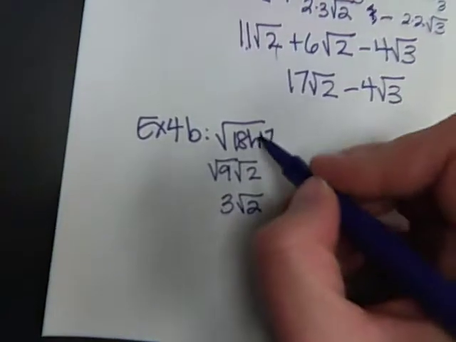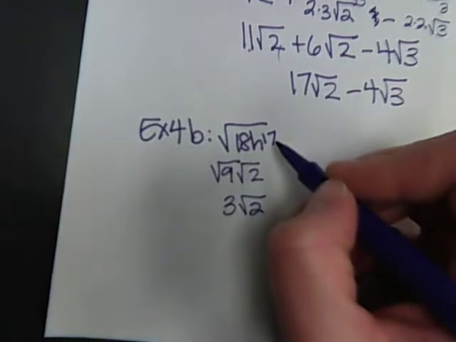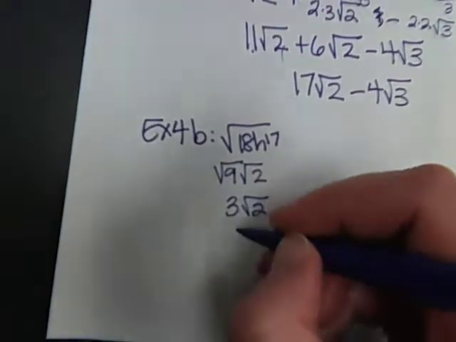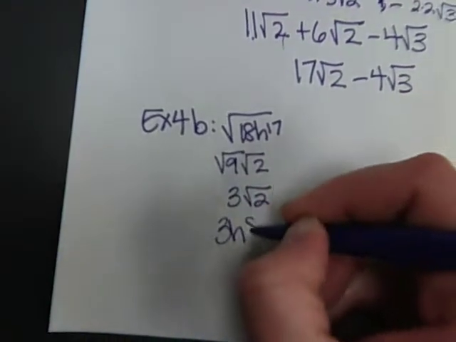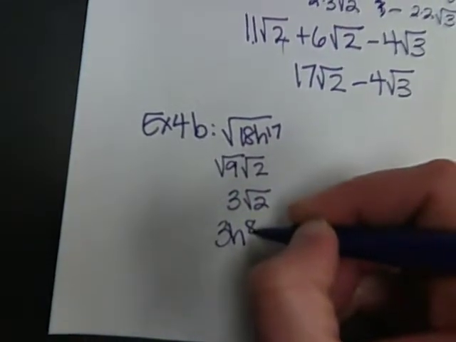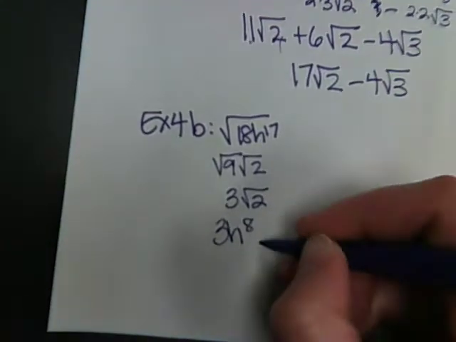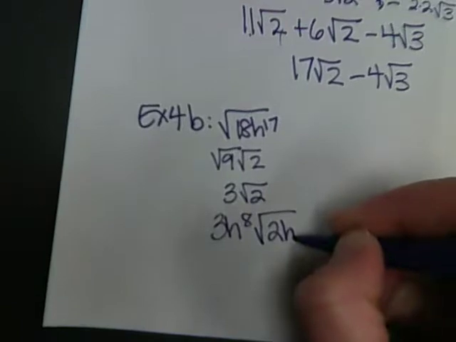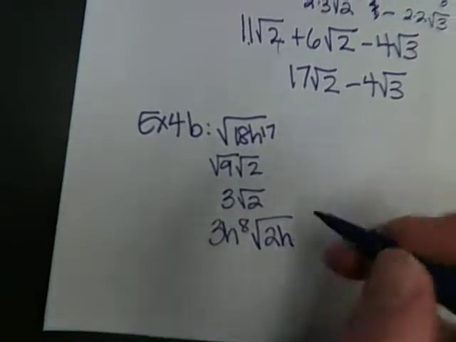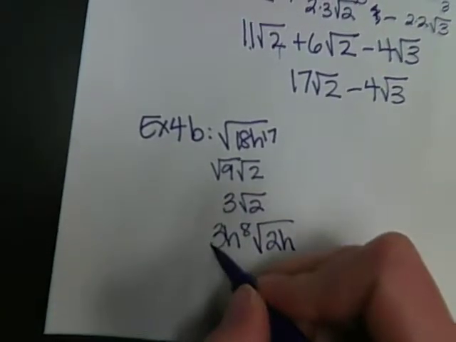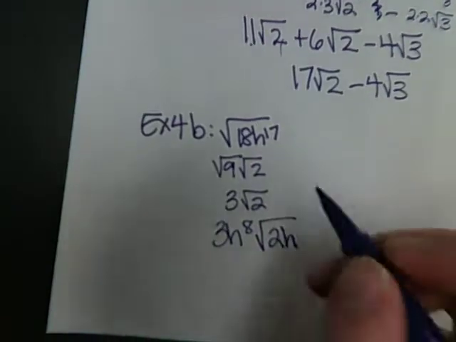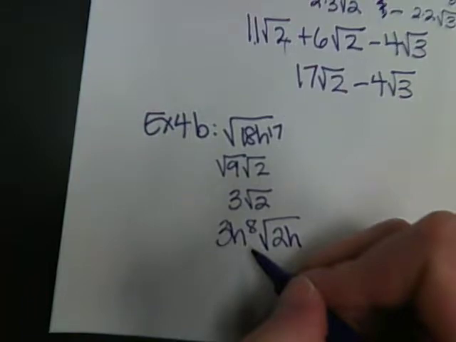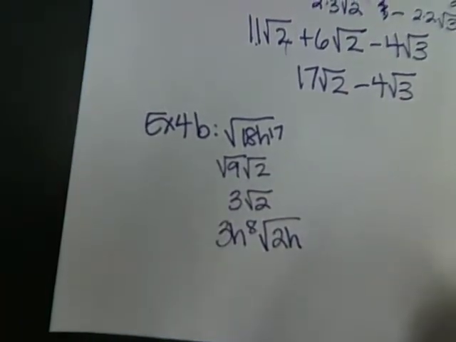So if you had 17 siblings, 8 sets of you would be able to come out, because 8 times 2 is 16 of you. But then that one little sister has to stay home because she didn't have a partner. So I left my 3 and my 2 alone. The 3 was still out front, the 2 was still inside. But then 8 groups of h's could come out and 1 had to stay inside.